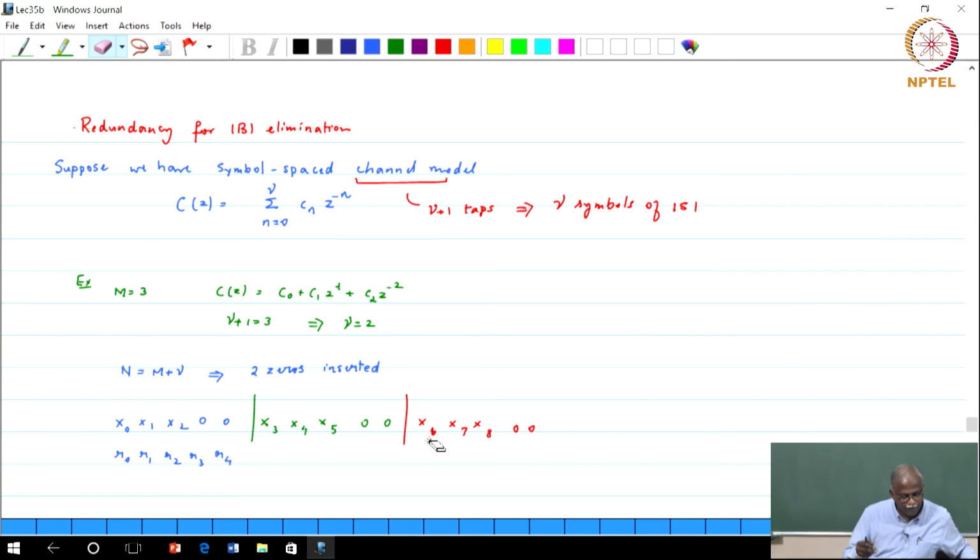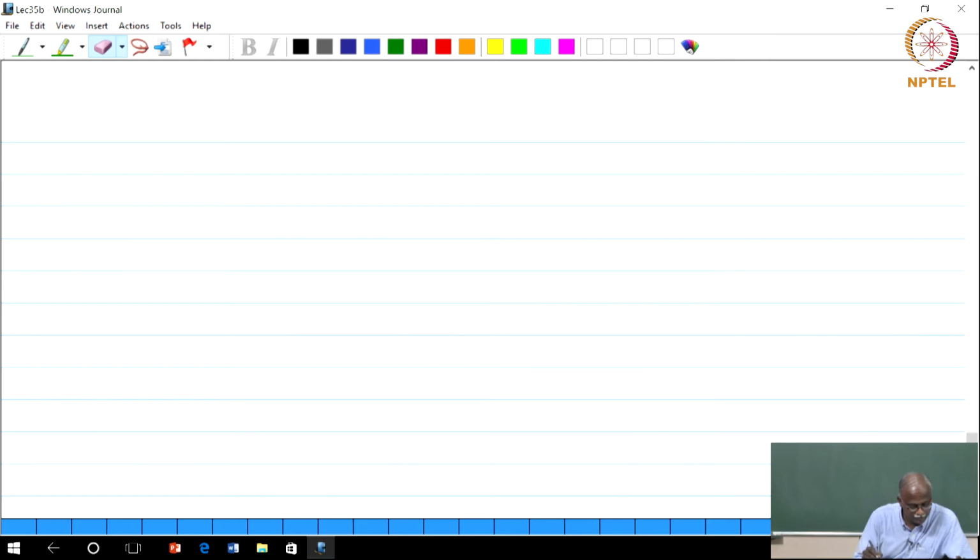So, if I were to write the nth input block, that is at the extreme input, the nth input block S of n, the structure of this will be S of Nm, S of Nm plus 1, dot dot dot, S of Nm plus m minus 1.